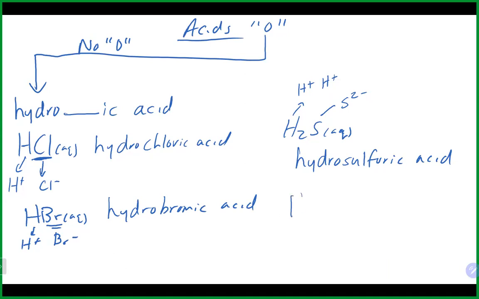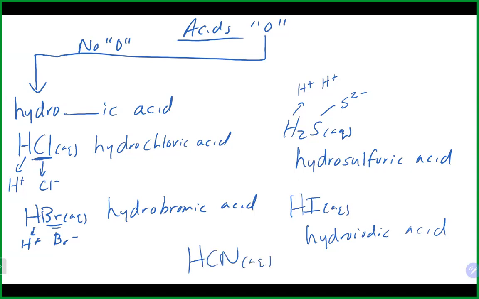HI would be what then? HI should be hydroiodic acid. HCN would be, so CN is cyanide, right?